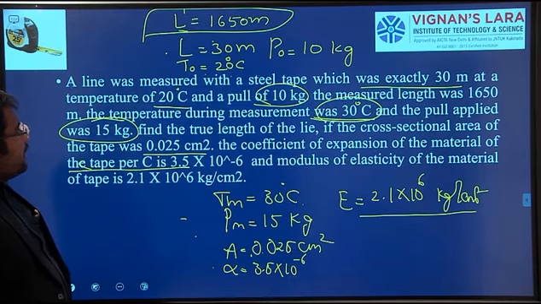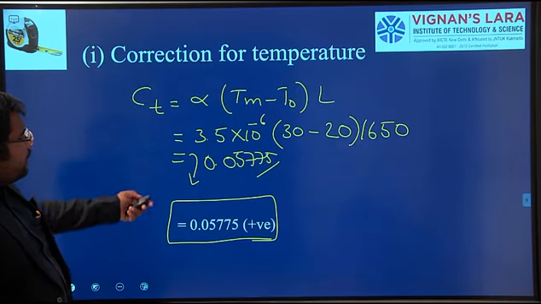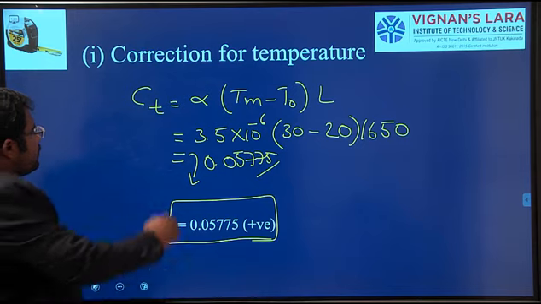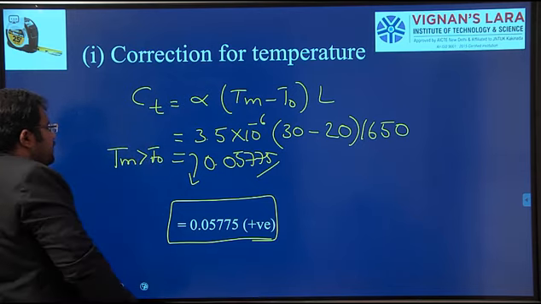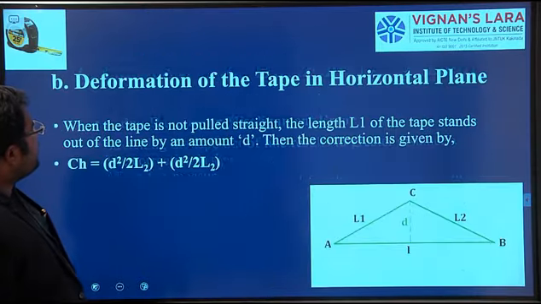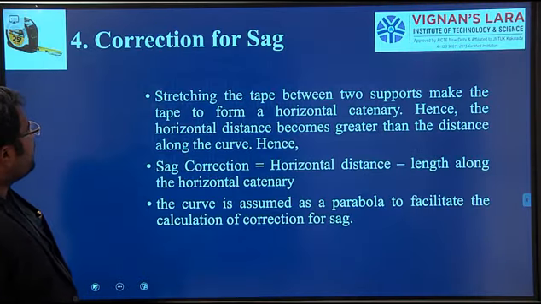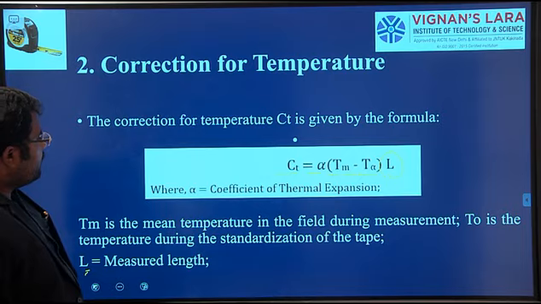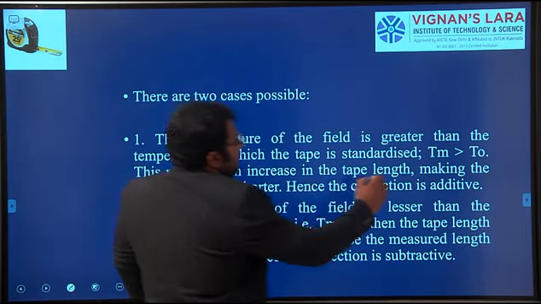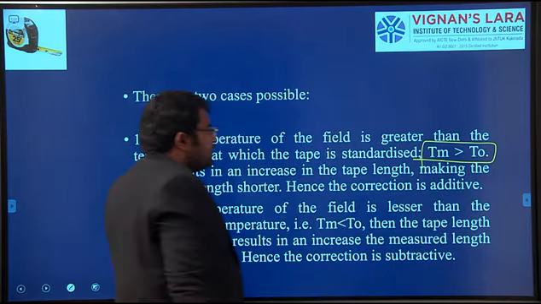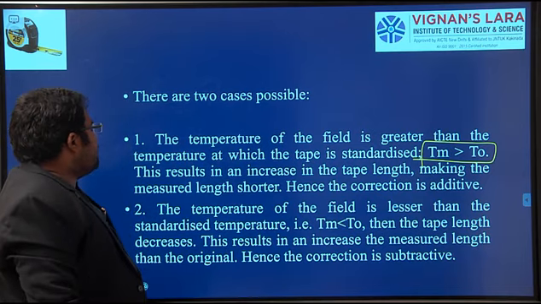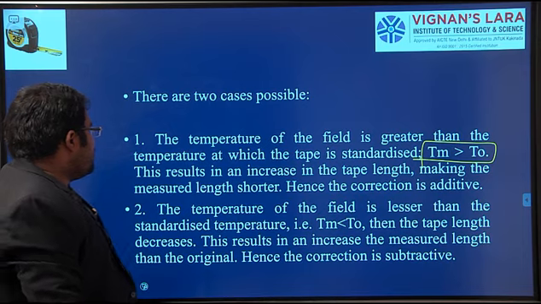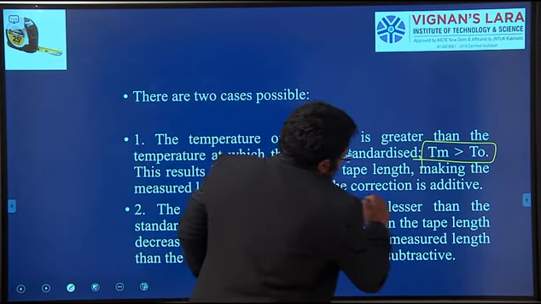So here, we already told that temperature is more. Tm is greater than T naught. If Tm is greater than T naught, you can refer here, the temperature during the measurement is greater than the standard temperature, so the correction is additive.